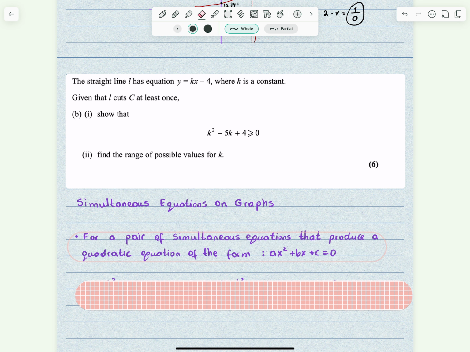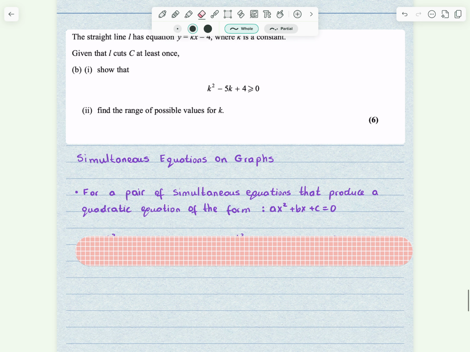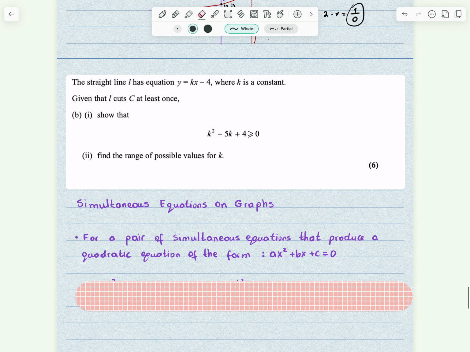You might already know this. Basically, for a pair of simultaneous equations, I'm going to write this to show you that it's actually a simultaneous equation.